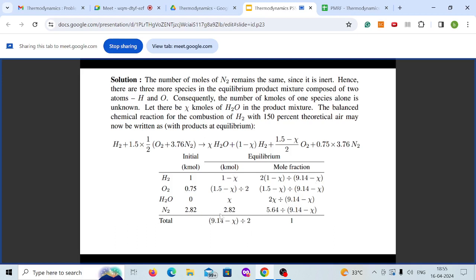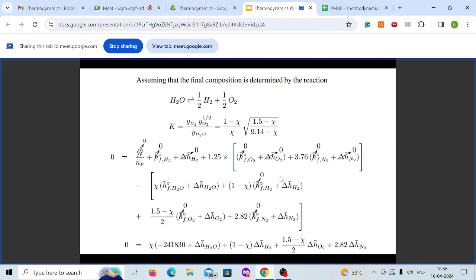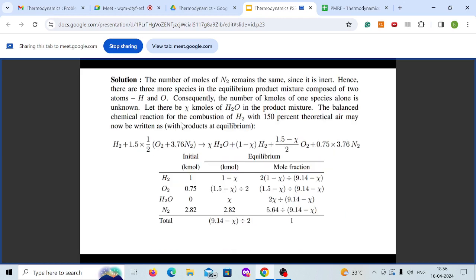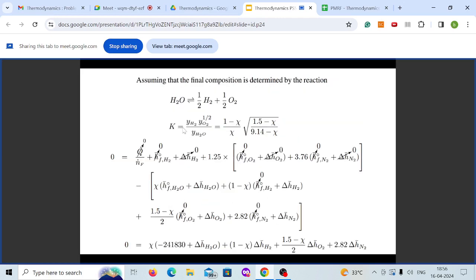So using this we can find the individual mole fractions, and when we sum them up, we get 1. Since we have one unknown, we can assume this chemical equilibrium of water with hydrogen and oxygen, and if we write the corresponding equilibrium coefficient, we get K equals YH2 into YO2 raised to the power half divided by YH2O.